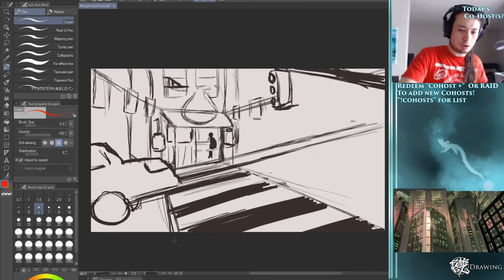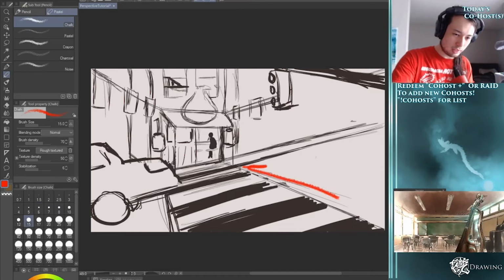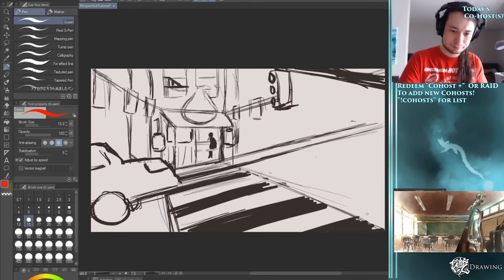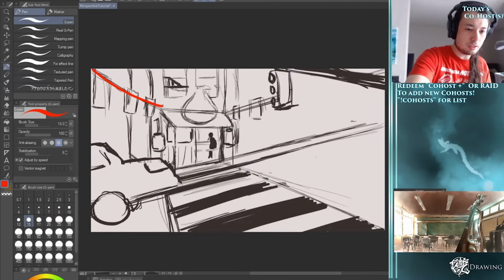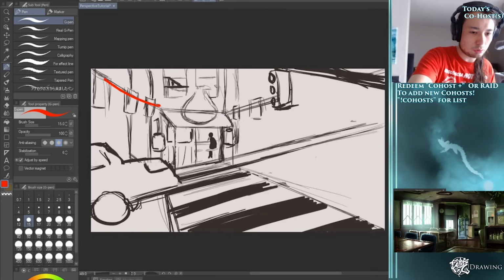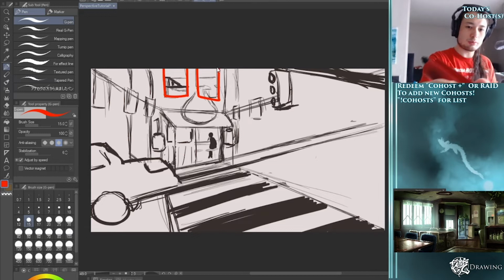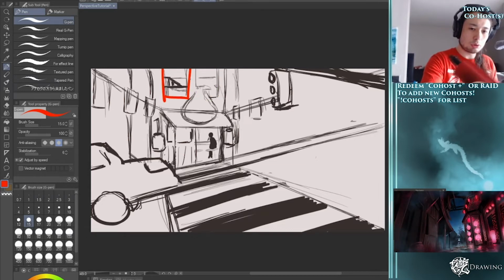I love the crosswalk. I think that does a fantastic job of moving us in that direction. Right? These, I'm not sure if they're power lines, perhaps, but whatever they are, they do great as well. And here's an interesting thing. These windows, I think, are actually fine. Even though the windows don't push us towards the ramen shop, they feel naturalistic.